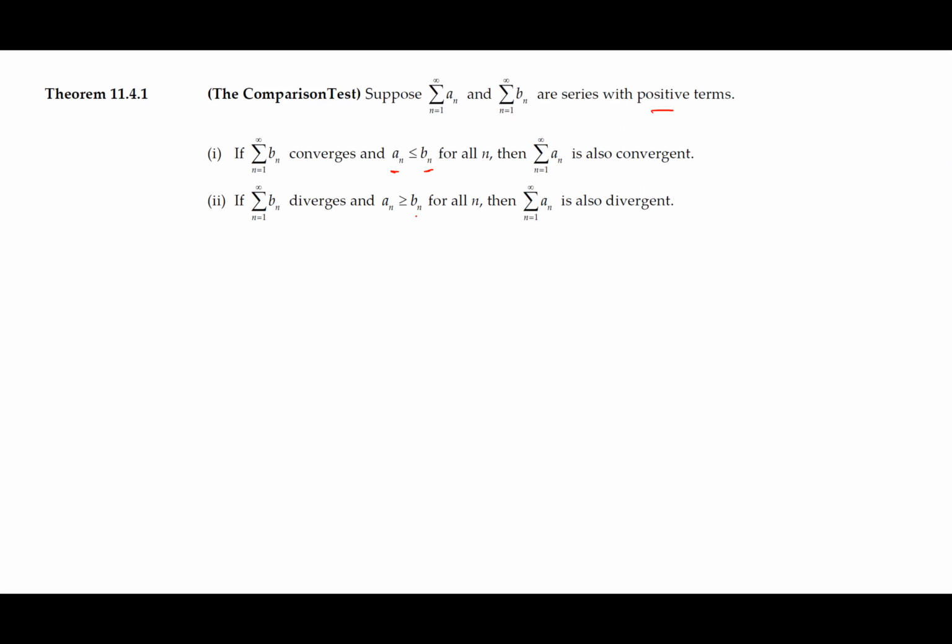Here's what's really going on. We're going to prove this, but you might think of it this way. You've got some convergent series, so Bn, the sum Bn is finite, which means the ANs have to be finite as well, right?